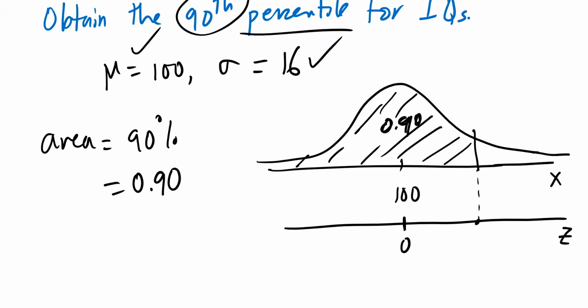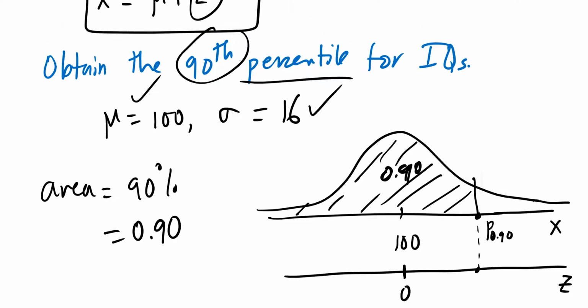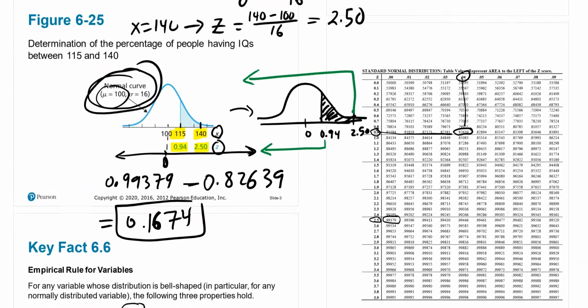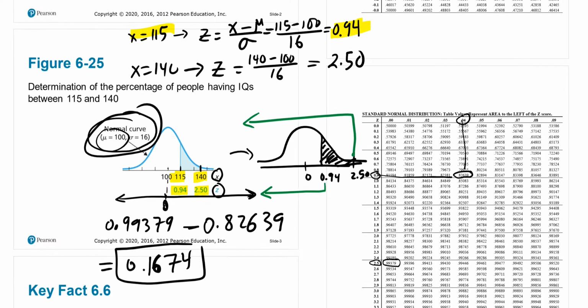This is called the P of 0.90, where 0.90 is the area to the left. So we need to find the z-score using the table. We go back to table 2 and find the z value.